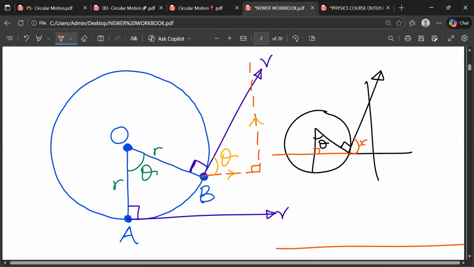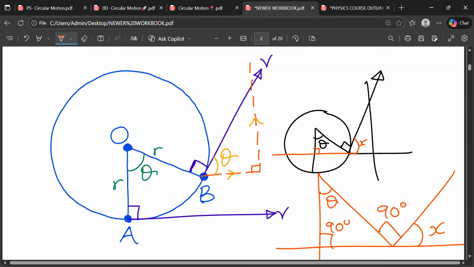I'm having this here, not so? What am I looking for? I'm looking for this x. Which angle is here? This angle here is 90. Which angle is here? This angle is theta. Which angle is here? This angle is 90. 90 degrees. But I'm looking for this angle x. You get?